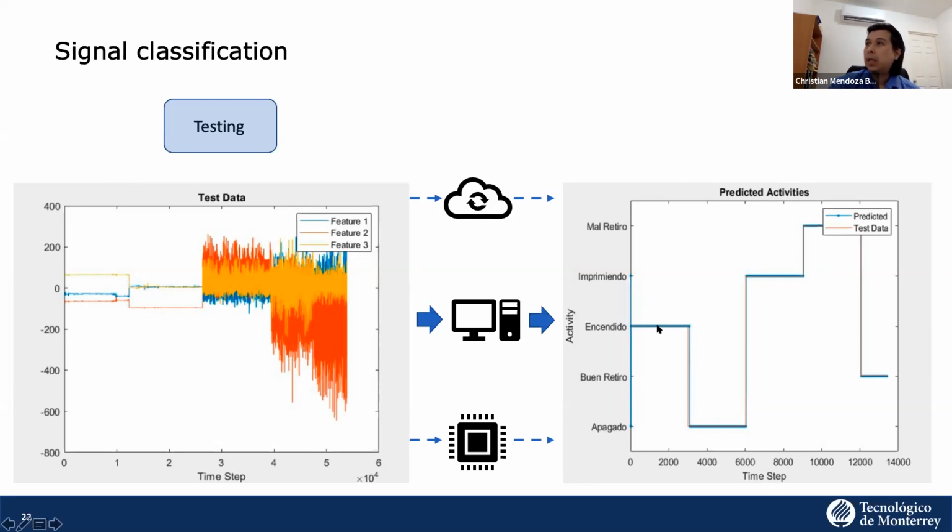As you can see over here, both the data and the predicted are in a good position. They overlap each other. It means that the model is predicting the right classification for the activity according to the signals that we are sending in. And this is great because it tells us that the model is good enough to recognize the activities being performed while we use the machine.